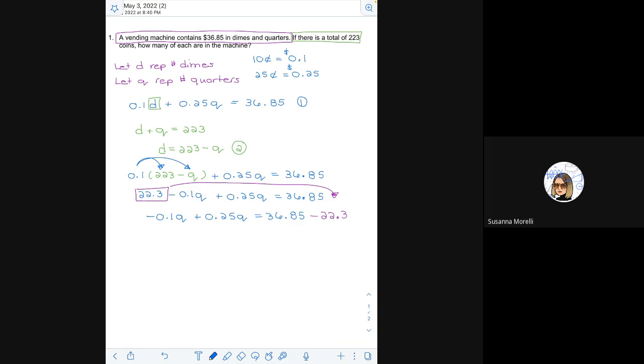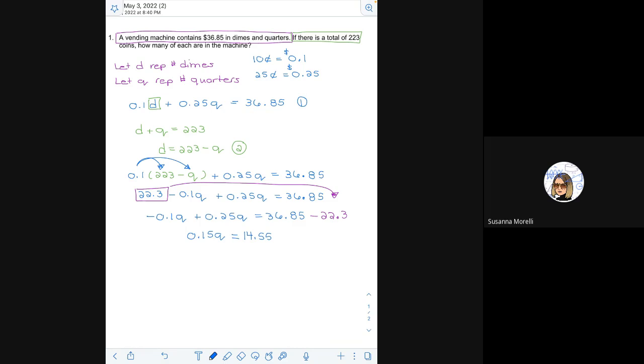Now this turns out to be 0.15 Q, right? You just go negative 0.1 plus 0.25, which is 0.15 Q. And then this is, I got to get my calculator, 36.85 minus 22.3, which is 14.55.